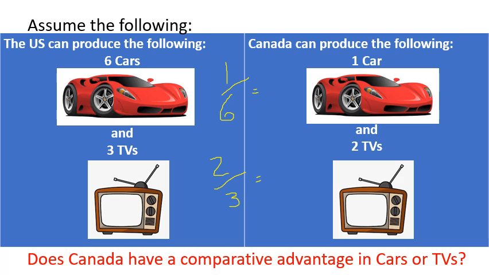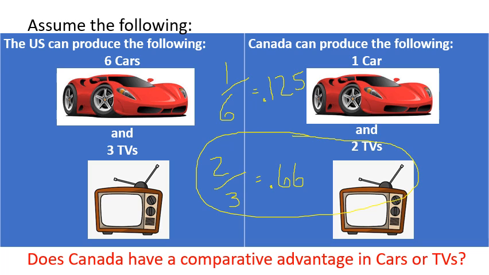This 2/3 is 0.66. 1 over 6 is 0.125. The country with the highest ratio number is where they have their comparative advantage. 0.66 is greater than 0.125, so we've proven that Canada has a higher comparative advantage in producing TVs.